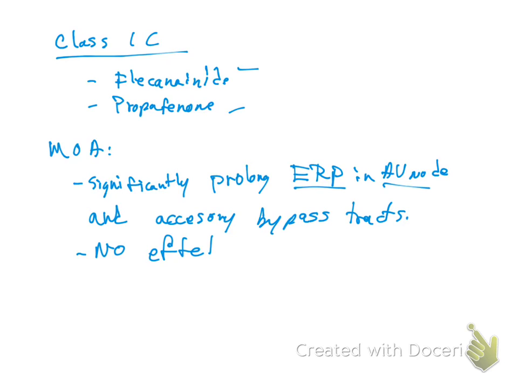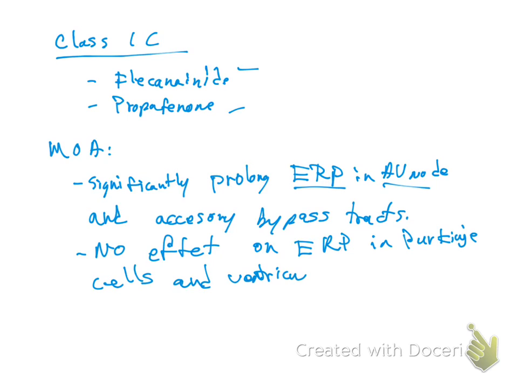No effect on the refractory period in the Purkinje cells and ventricular tissue, versus class 1B, which preferentially affects the Purkinje cells.